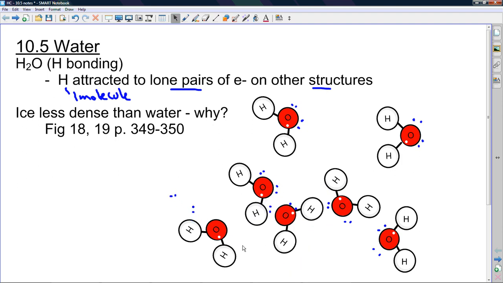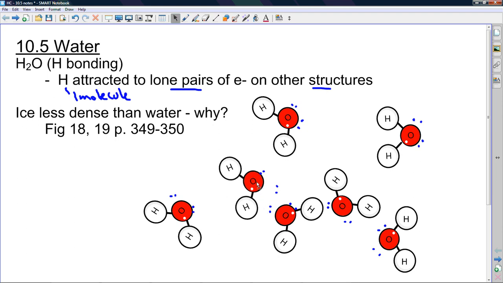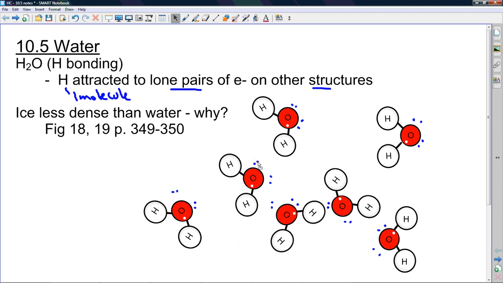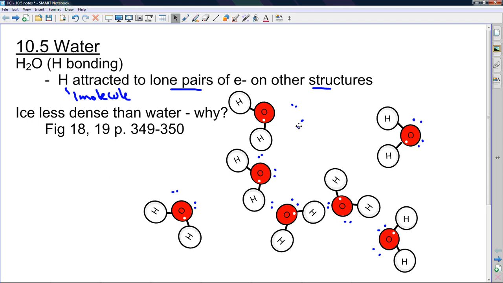And again, if we're just imagining these oxygens moving around here, what starts to happen is we see this attraction between hydrogens on one and lone pairs on another.